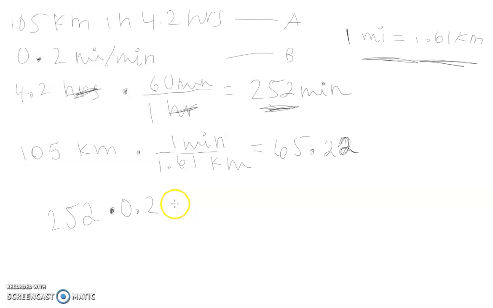Because this is the miles, it'll tell you how many miles she went in 252 minutes. She only went 50.4. So now we're going to create the comparison: A was 65, and B was 50.4.